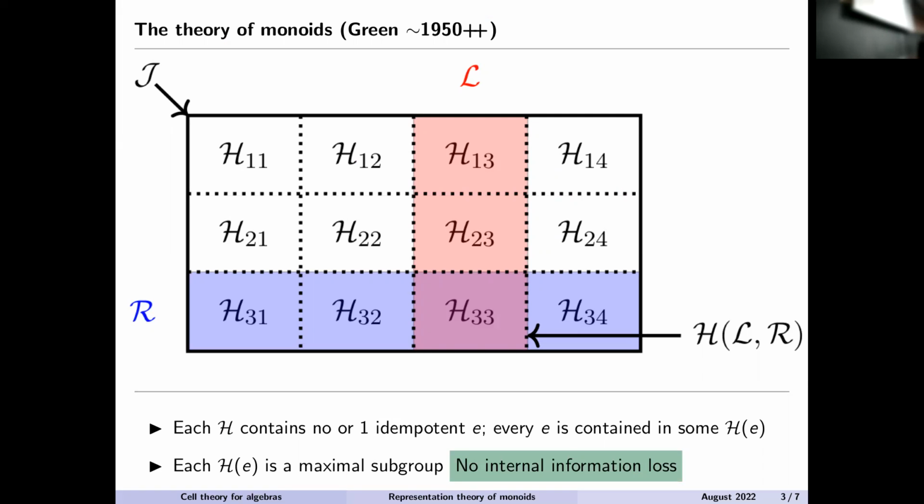The point is there's an idempotent somewhere in the monoid.